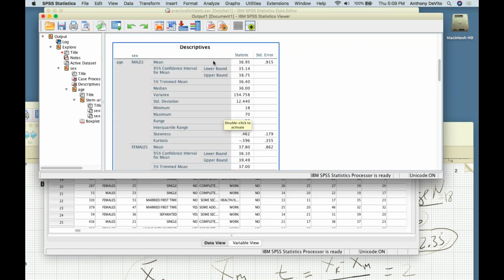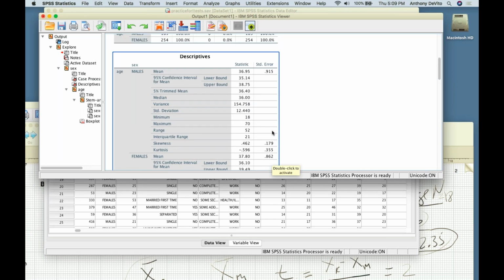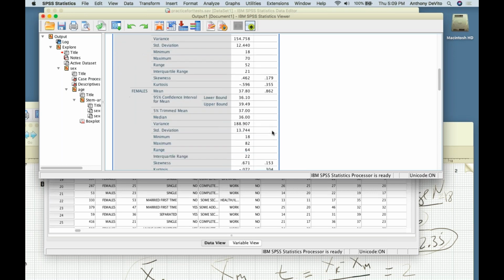The mean age for males is 36.95, and the mean age for females is 37.8. They're different. The average age for females is a little bit different, isn't it? But is that enough for me to reject the null hypothesis? Is that difference due to chance, or is it due to a real difference in the mean of the population?